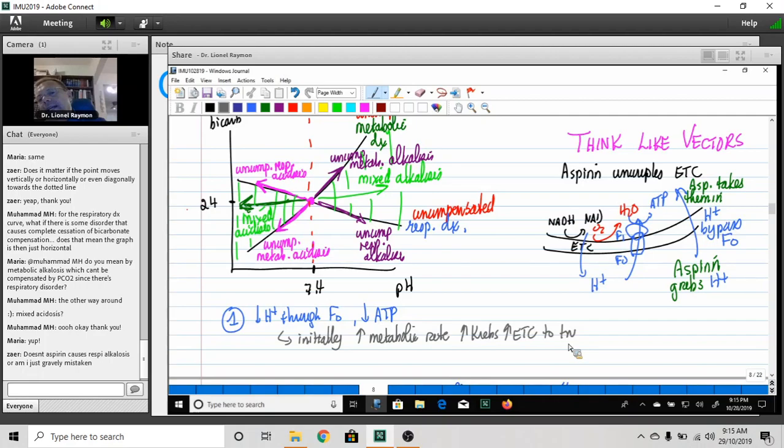So initially, what's going to happen to the CO2 production? That's right.